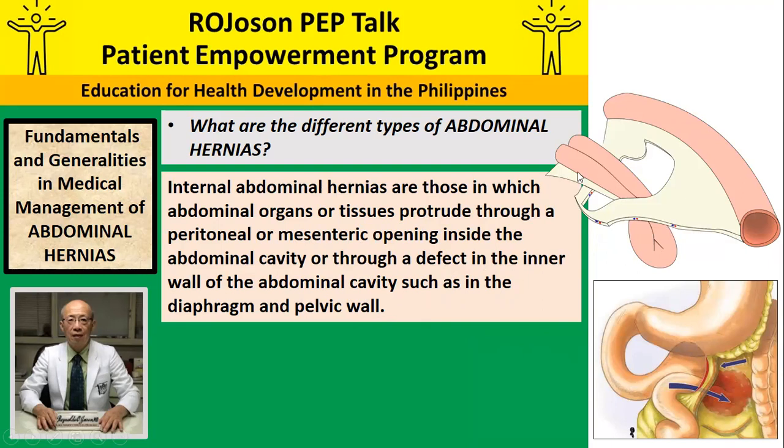It's inside. There's a hole here in the mesentery, so there's a protrusion of the intestine into that hole. Same way here, there's probably a band here, adhesions that create an artificial opening, and then there is herniation of the intestine through this hole. So this is internal abdominal hernias.